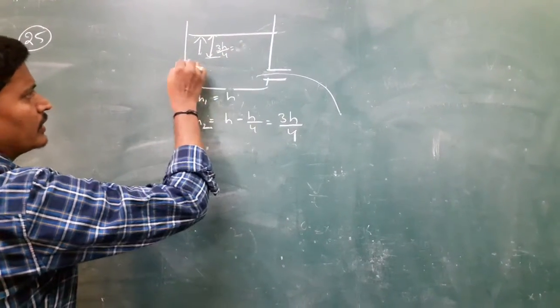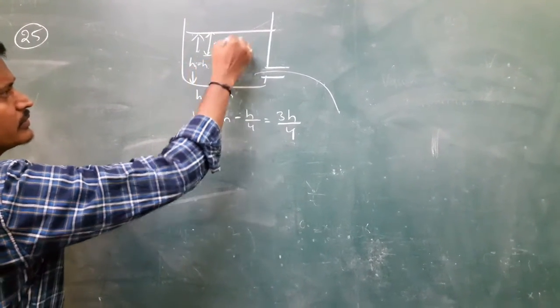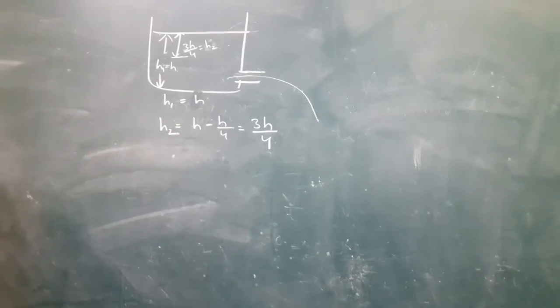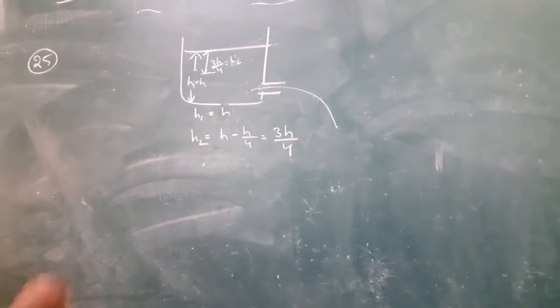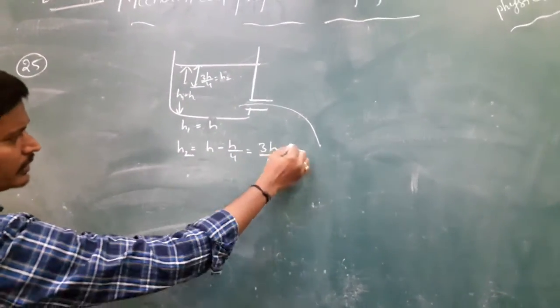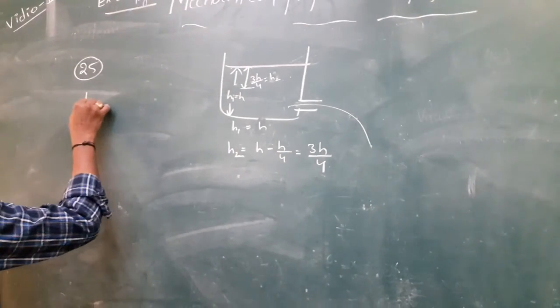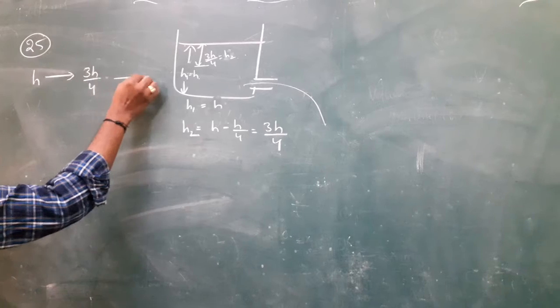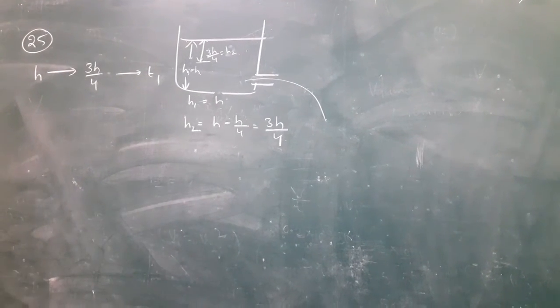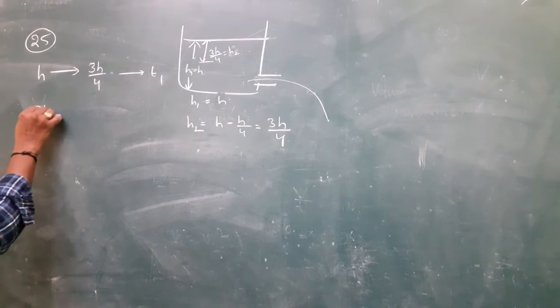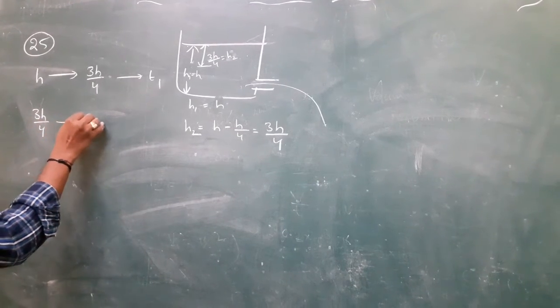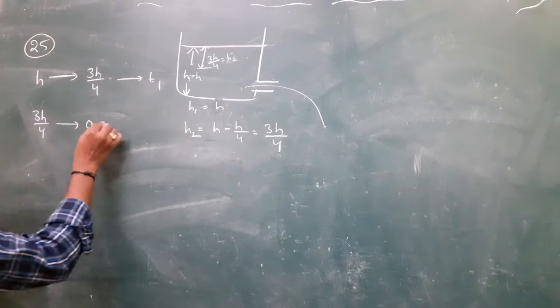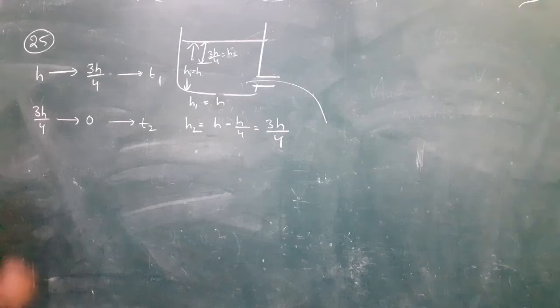So this is H1 equal to H, and this is H2 equal to 3H by 4. Next, from H to 3H by 4 it will take time T1. Next, from 3H by 4 to empty, completely 0, it will take T2 time.